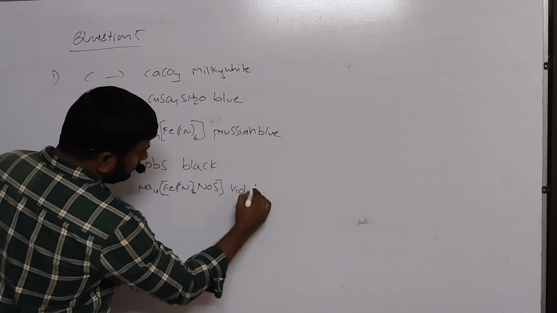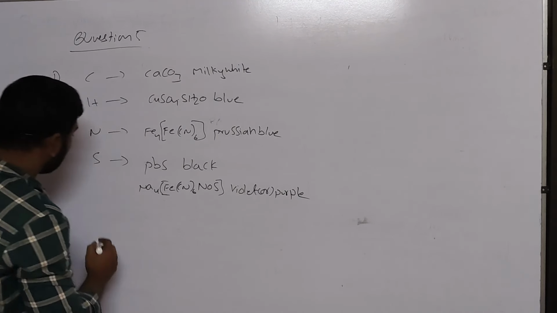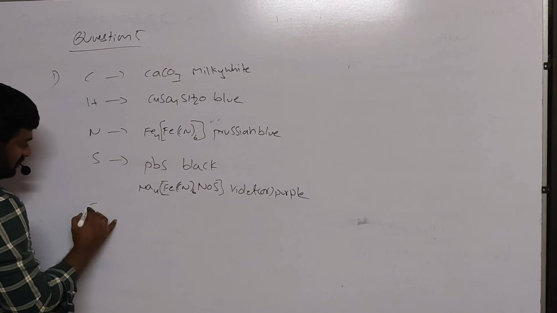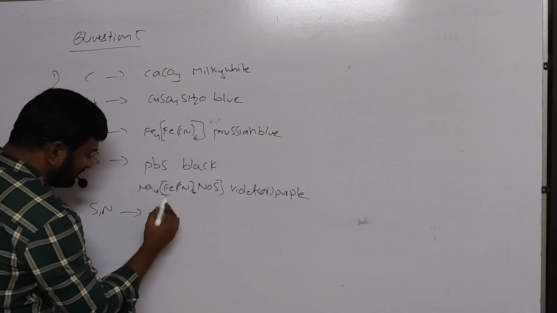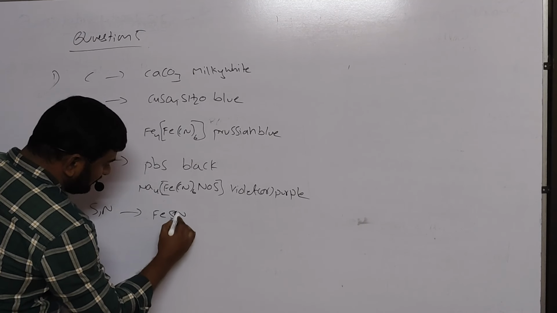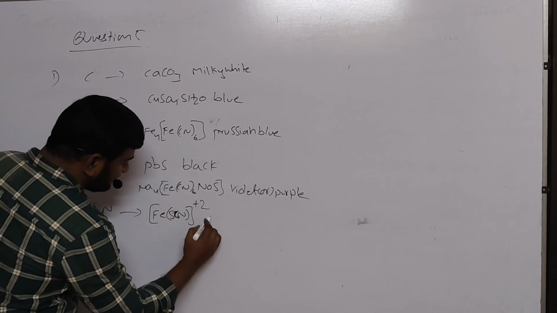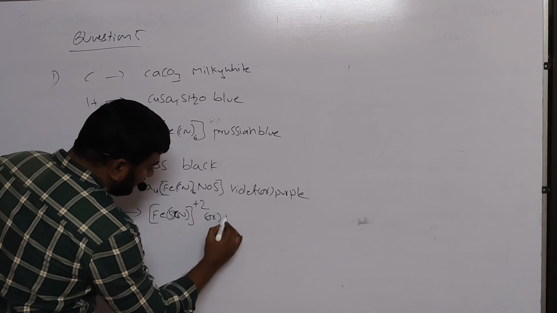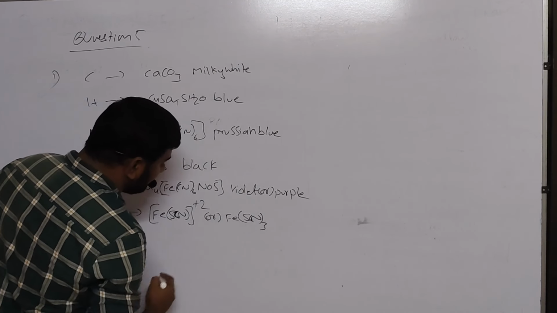Violet or purple. Next, if both N and S are present, then what is the color? The composition is [FeSCN]2+, like this you can write, or Fe(SCN)3, so this also you can write. What is the color?